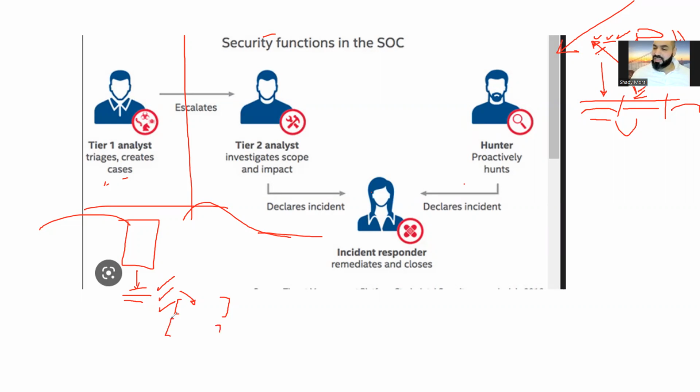Triage is basically giving a priority to his case or ticket, because these guys work in a ticketing system. Once he finds something suspicious, he gives it a ticket, an ID number, and a priority or severity level.